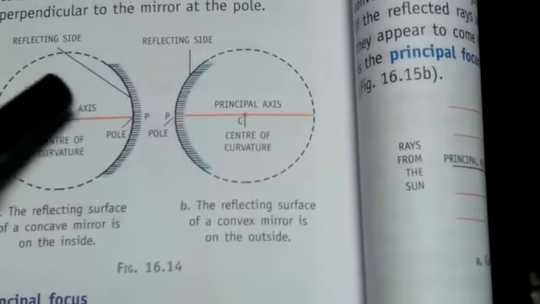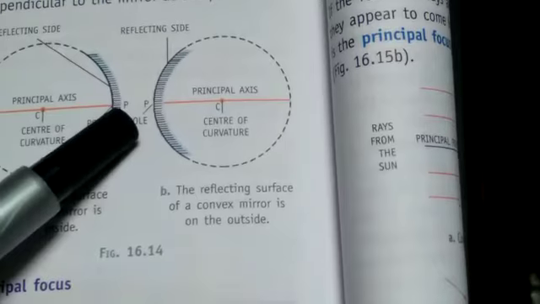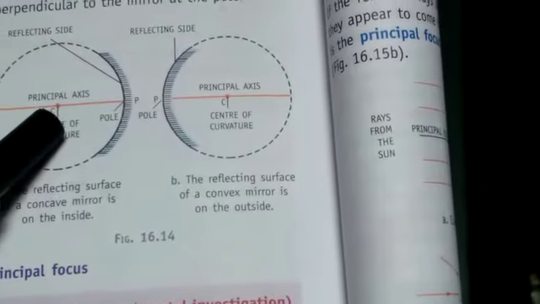Then the reflecting side is inside the mirror. The center of the mirror is the pole. The center of curvature is the center of the whole spherical mirror, C. The distance between C and P, the pole and center of curvature, is the radius of curvature. Okay. And see here, the reflecting surface is outside the mirror, so it is a convex mirror.